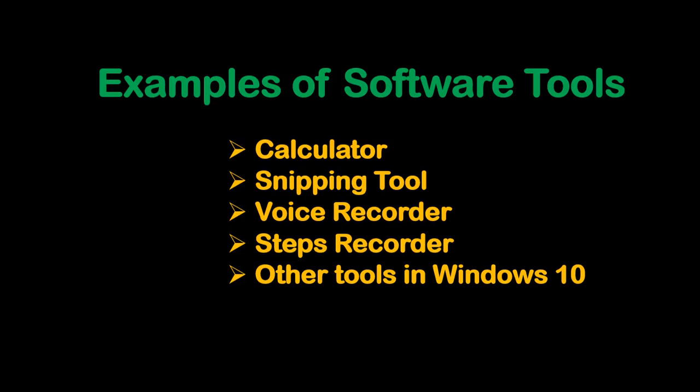Okay, examples of software tools. Calculator. Definitely a calculator is a tool for doing arithmetic operations. Addition of two numbers, or it could be n numbers for that matter, like addition, subtraction, division, multiplication.